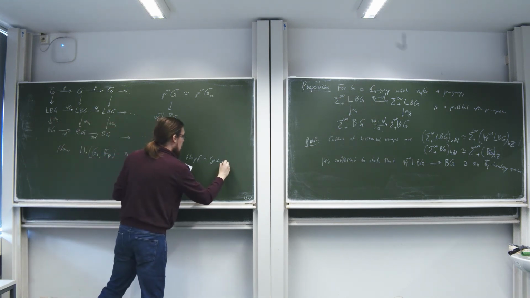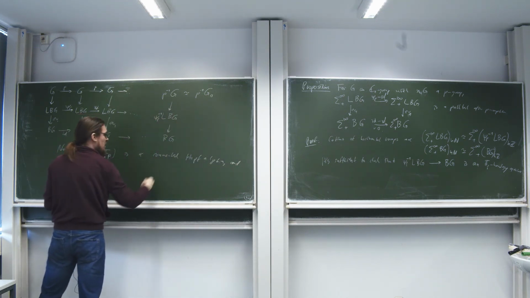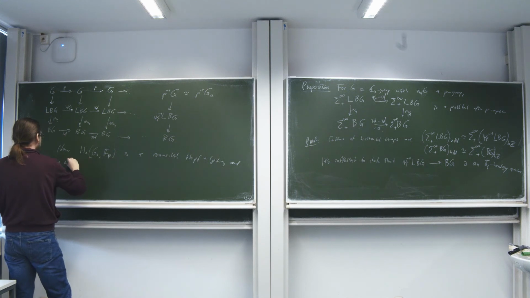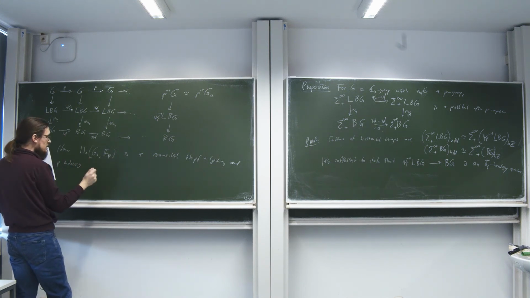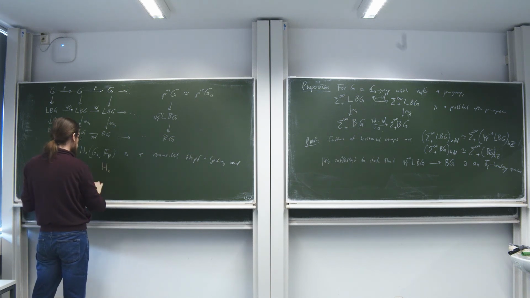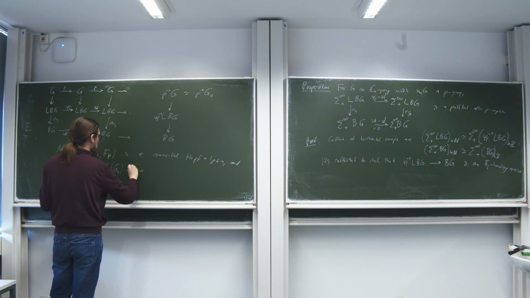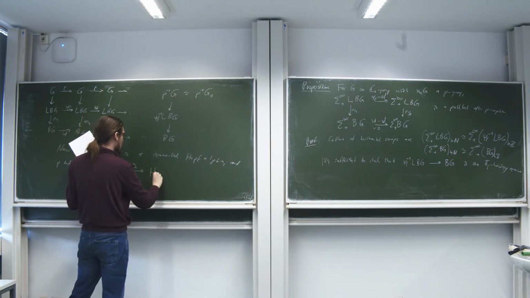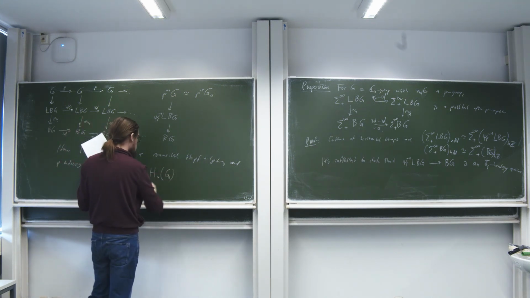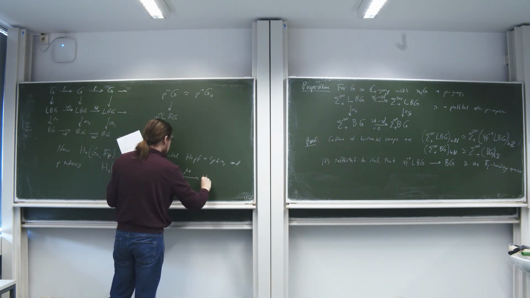In particular, this multiplication by P map induces not necessarily multiplication by P on homology, but the map you get by taking the P-fold Hopf algebra diagonal and then the P-fold multiplication.